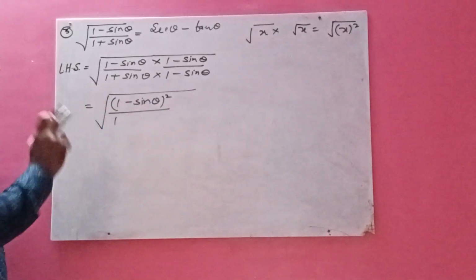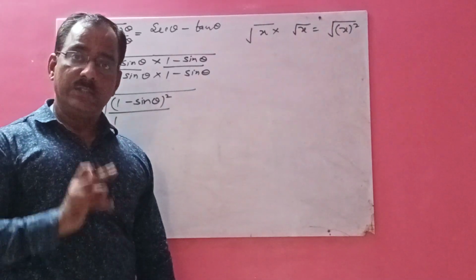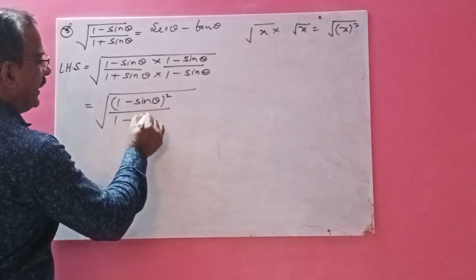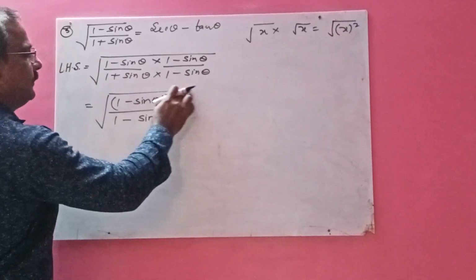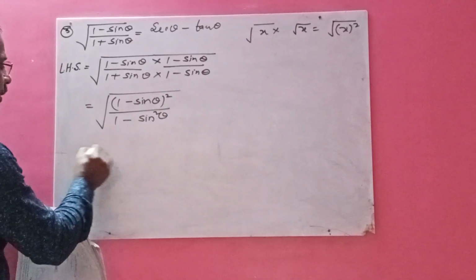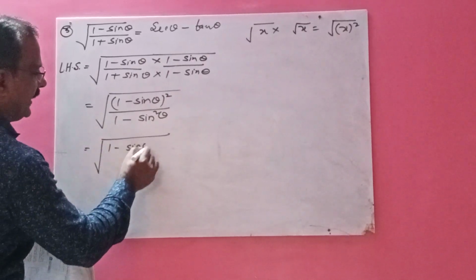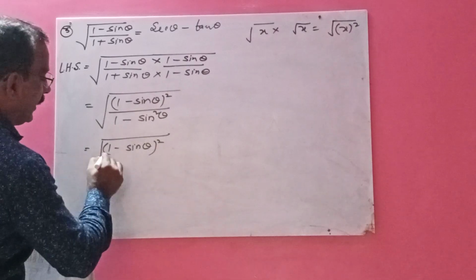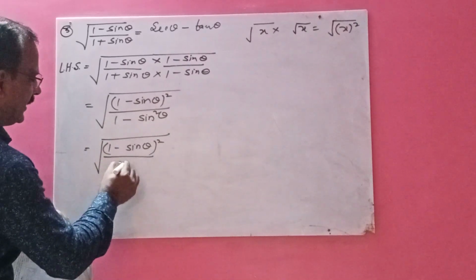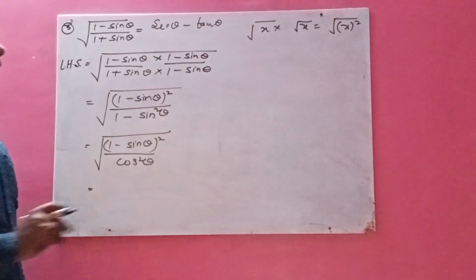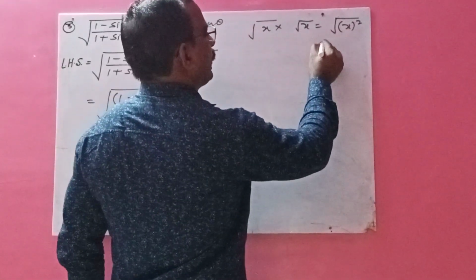A square means 1 square, and 1 square is how much? 1. Minus sine square theta, b square. So this will become root of (1 minus sine theta) the whole square upon 1 minus sine square theta, which is cos square theta. Okay.